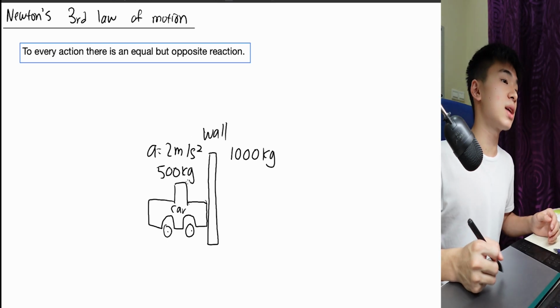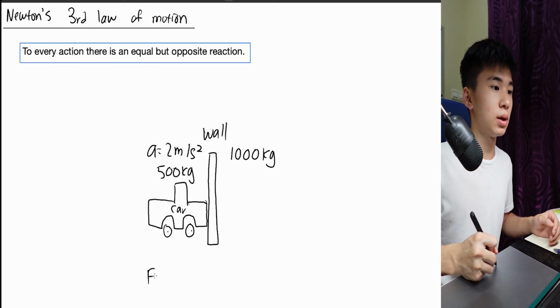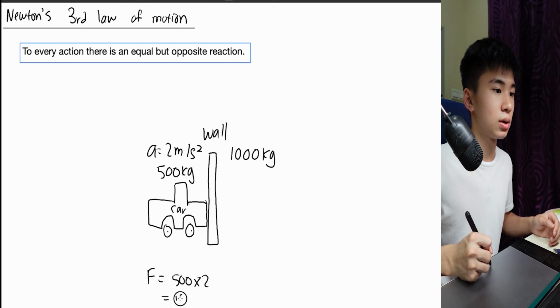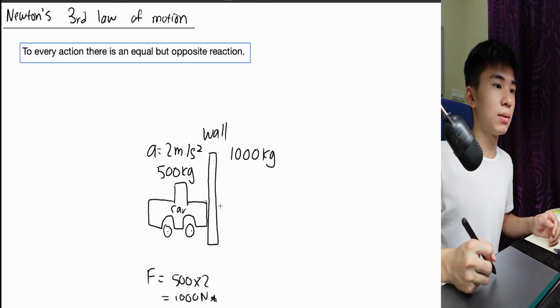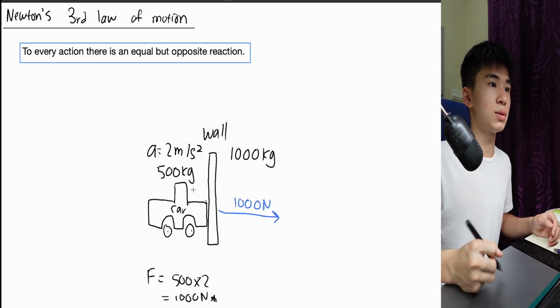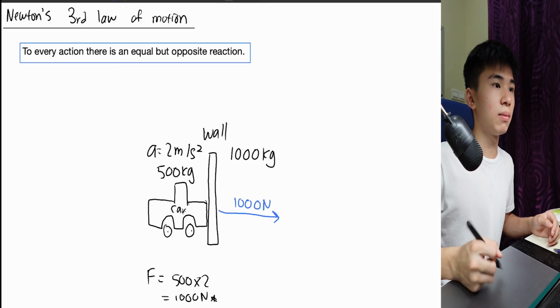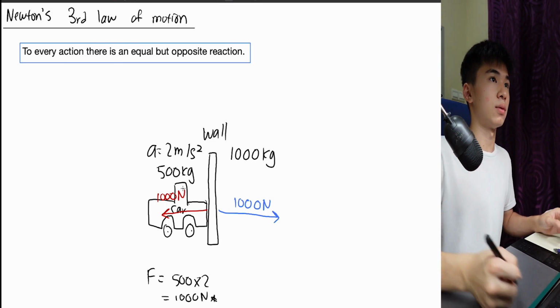So when this car hits the wall, the force is going to be 500 times 2, which is 1000 newtons of force. Which means this car is exerting 1000 newtons of force on this wall, and at the same time, this wall is going to exert 1000 newtons of force as well.